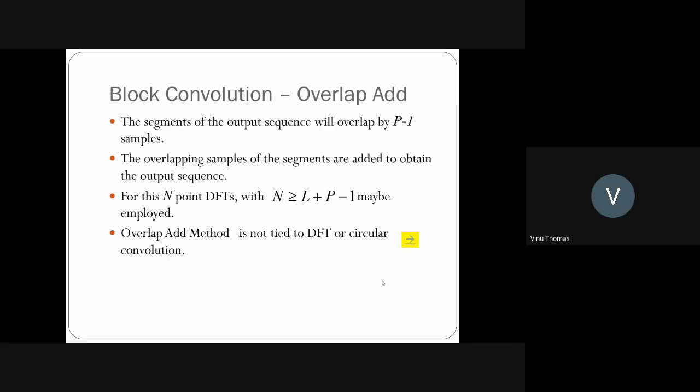So some samples where you had this wraparound were incorrect and the other samples were correct. So we will use this result to perform block convolution.